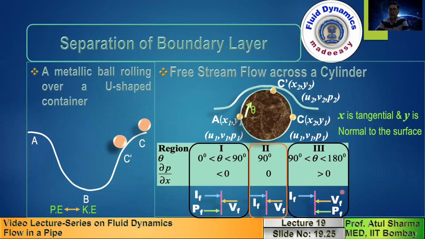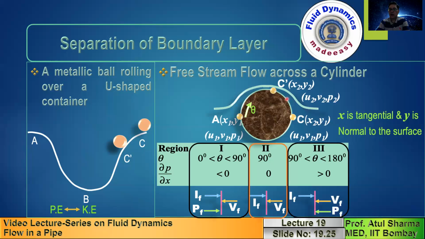So under this situation, the pressure force is resisting the inertia, and depending on the strength of inertia and the strength of resistance offered by the adverse pressure gradient, the fluid which is near the wall, its velocity reduces.